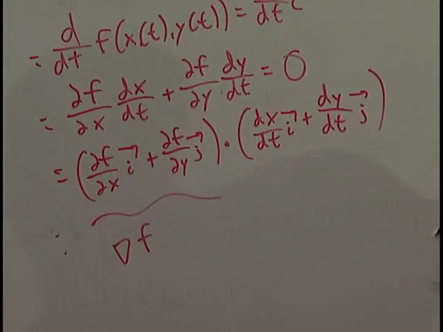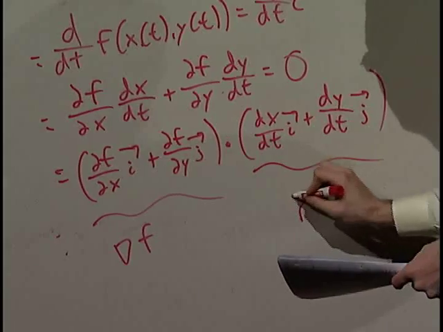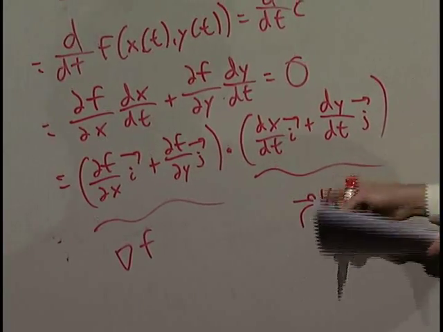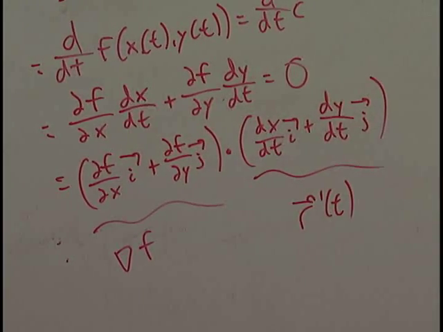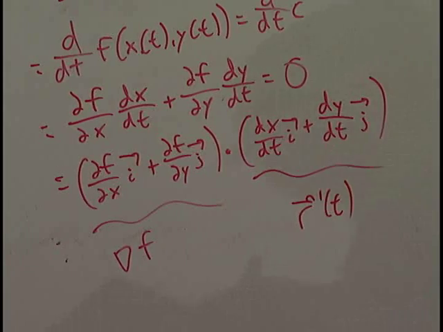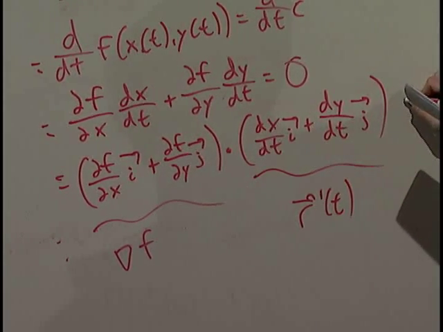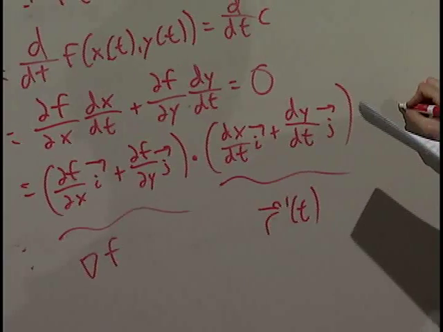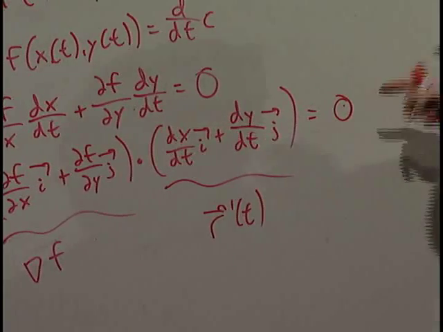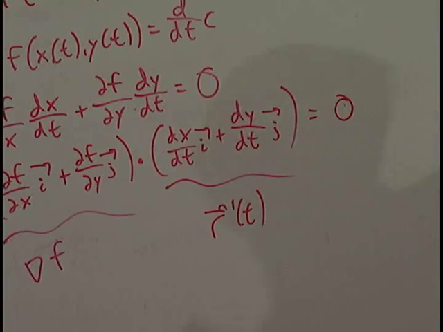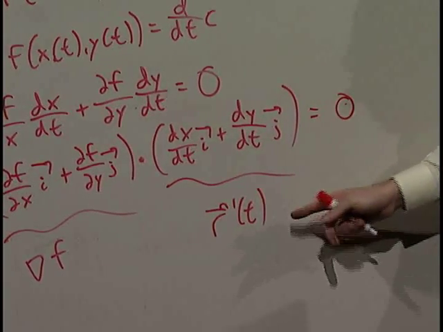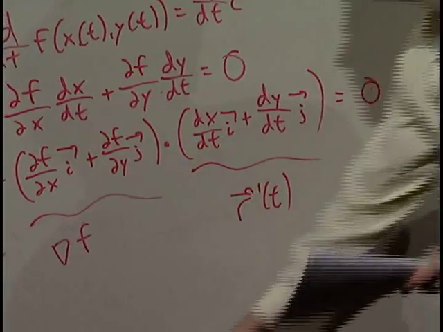And this is actually just r prime, the tangent vector, right? There's r, and that's r prime. And this is equal to 0. Yeah, looks good. So the fact is, the gradient is orthogonal to a tangent vector. Okay, terrific. Well, we kind of figured that already.